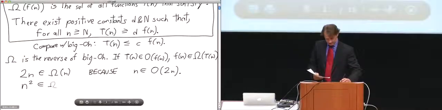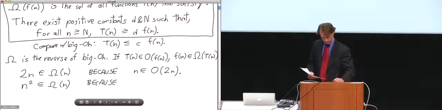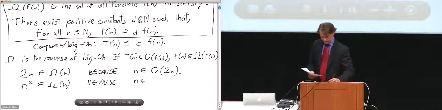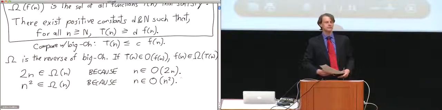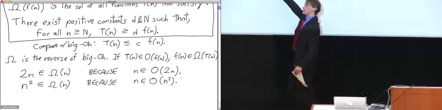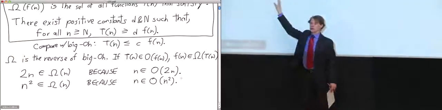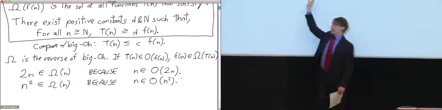We can also say that n squared is in big omega of n, because n is in big O of n squared. So big omega is saying here that n squared grows at least as asymptotically quickly as n does.